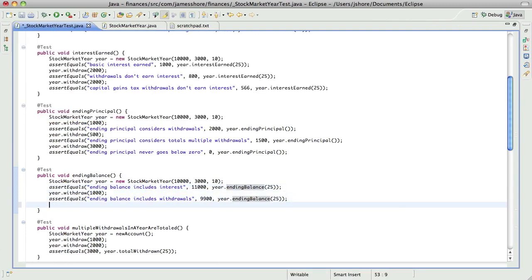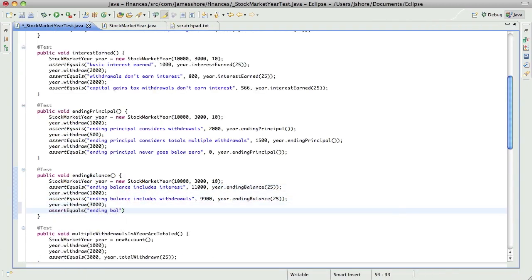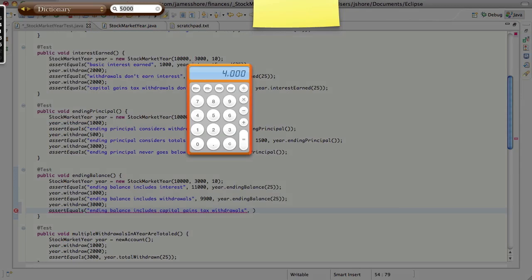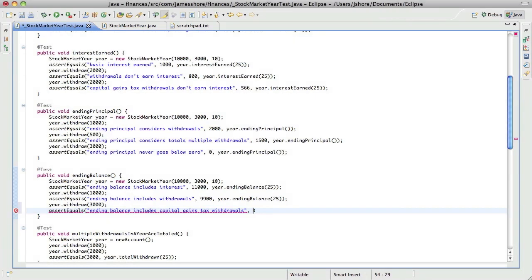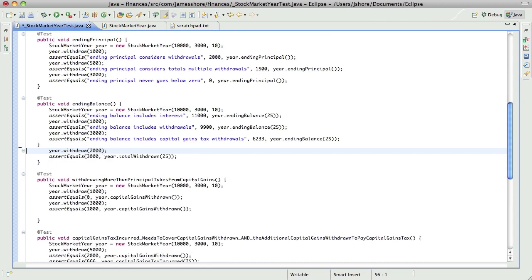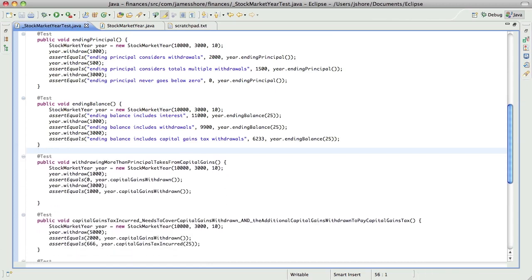Yeah, and then ending balance includes capital gains tax withdrawals, which again should be 10,000 minus 4,000 minus 333 plus the interest earned of 566, 6233. Okay, that right, 6233. Yeah, okay, and the multiple withdrawals we're already covering. Withdrawing more than principal takes from capital gains.